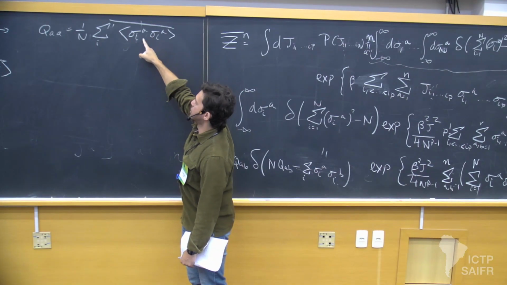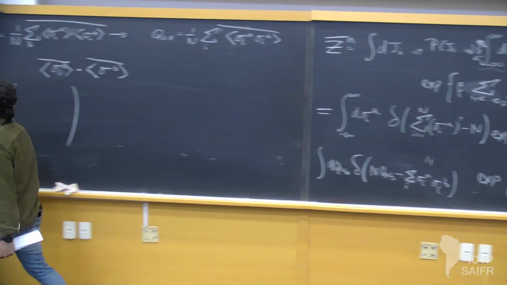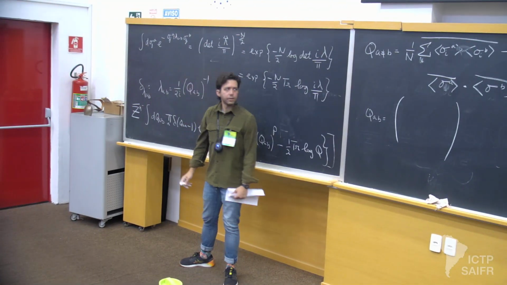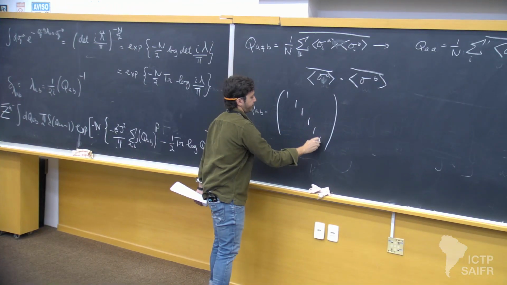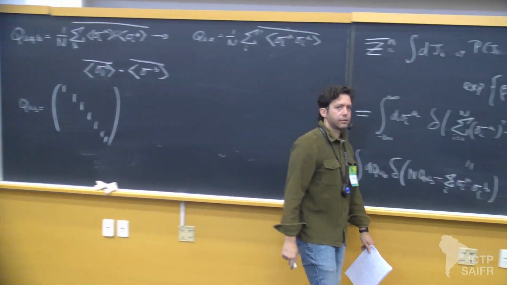So you might imagine that there could be something non-trivial here, but because of the spherical constraint, we set this to 1. So there's definitely going to be 1s along the diagonal. Okay, so what's your guess?